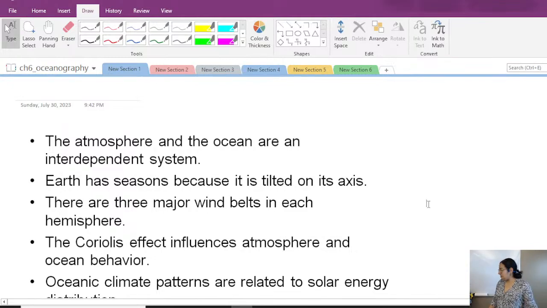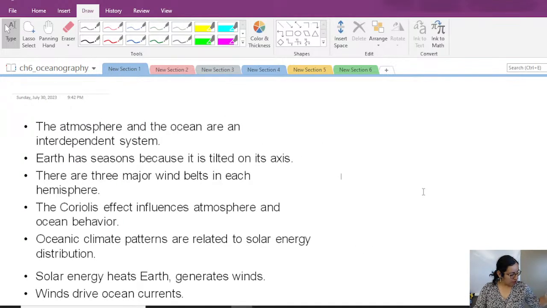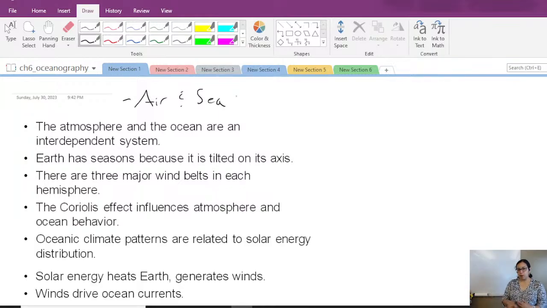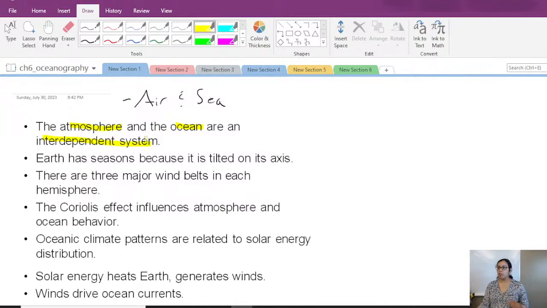All right, so I appreciate your patience in doing things out of order. So this chapter is all about the air and sea, and of course how the air and the sea currents are interconnected. So that's our first introduction. Our overview of the chapter is our atmosphere and ocean are interdependent, so they're connected with one another.